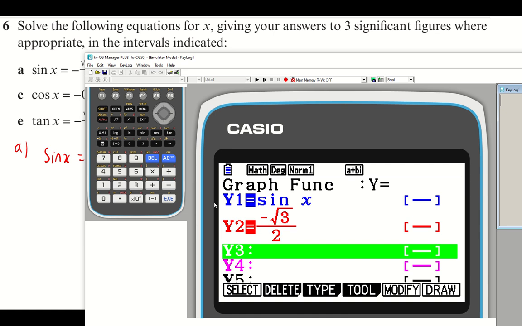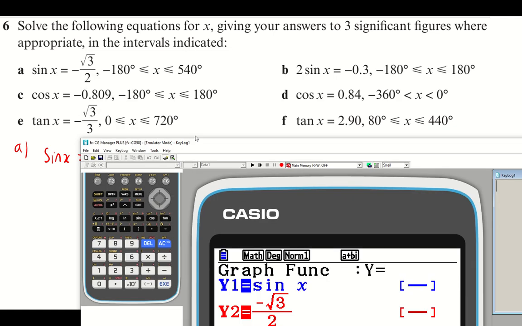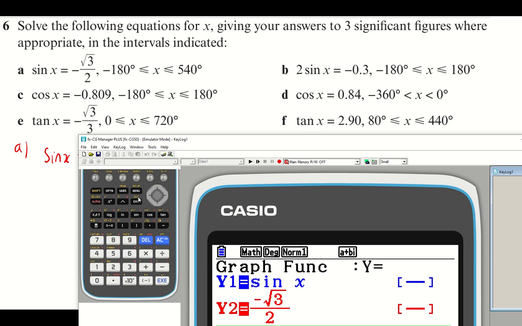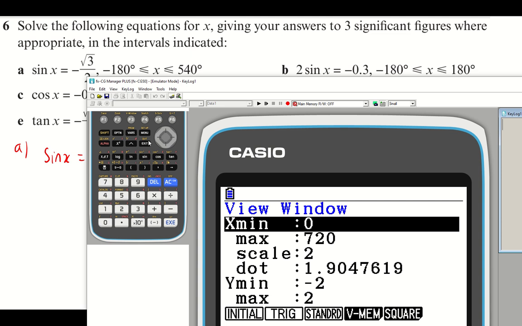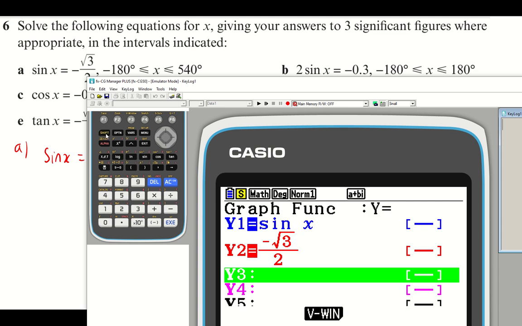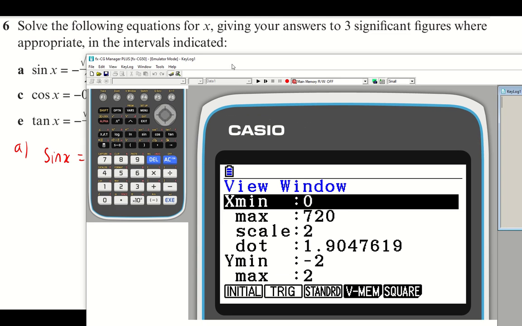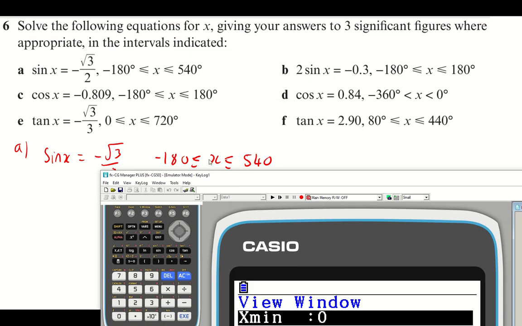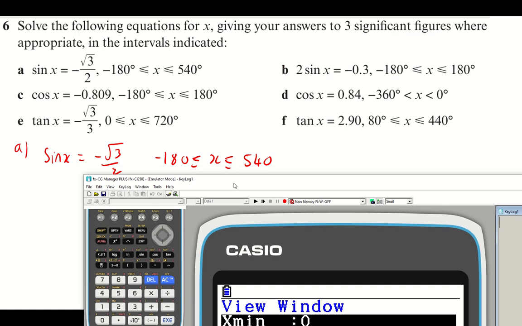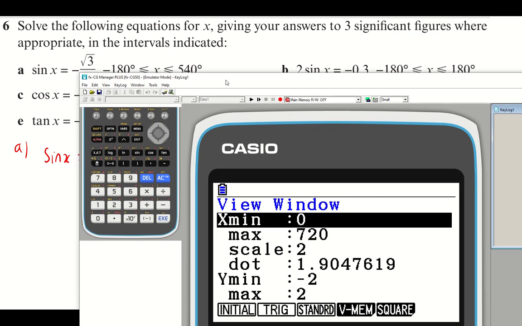Now, next thing to check is our view window. So we need to make sure that it's only going to give us the answers in the range that it wants. So go shift, view window, shift F3. So we want our x min to be the same as the bottom end of our interval. So x min needs to be minus 180. It needs to match.